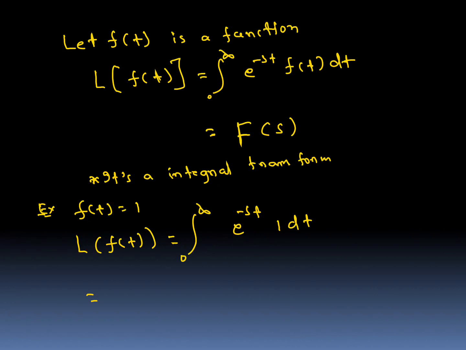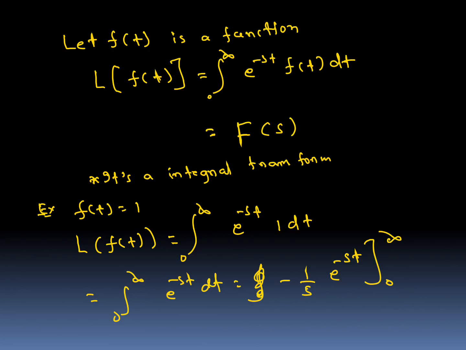Then 0 to infinity e to the power minus st dt. Do the integration, you will get minus 1 by s times e to the power minus st, lower limit 0, upper limit infinity. If you solve this, you will get 1 by s.